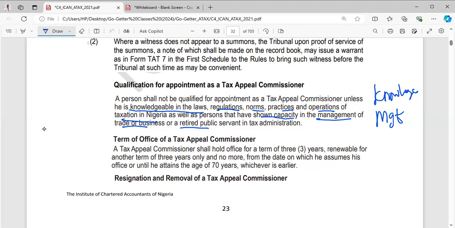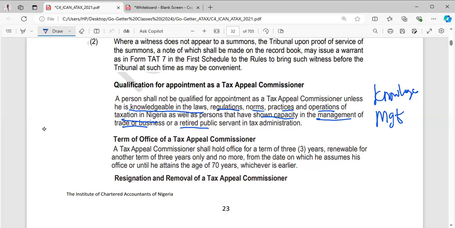Qualified on paper means you must also become a member of the association. Then you also have to be knowledgeable. So as you are building up your knowledge of tax matters, you are building yourself up for possible appointment as a tax appeal commissioner.